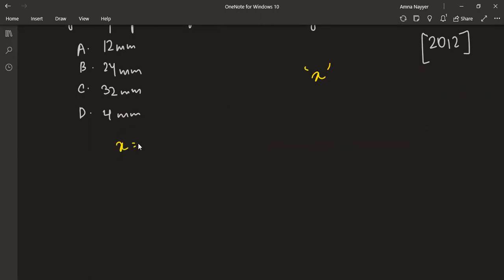So the path difference x, which we write, will be n lambda 1 capital D by small d. Because two bright fringes are coinciding, the next one will be n plus 1, lambda 2 capital D by small d. That's how you write it: first one, then the next one. The capital D by small d get cancelled.